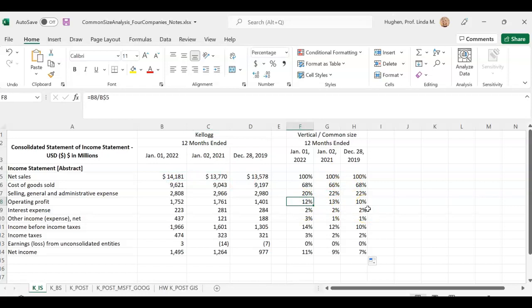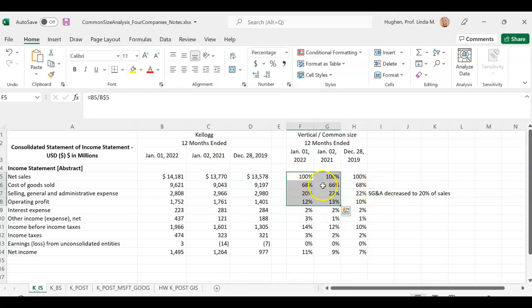Operating profit. So what was the impact? Let me write some notes here. Okay, so we have 2 factors going on. When we look just at the prior year, we see 2 changes.